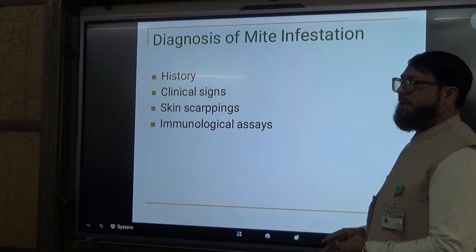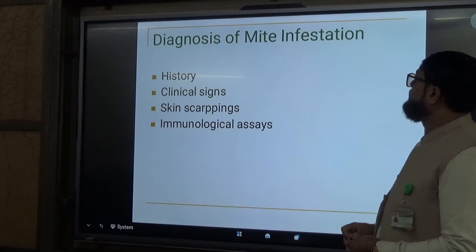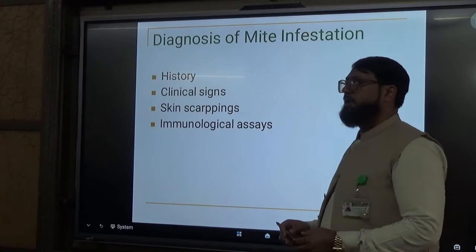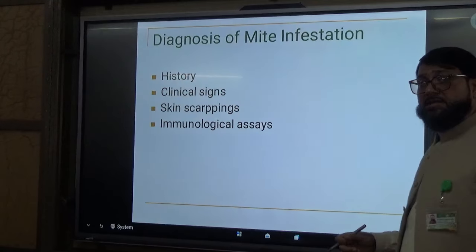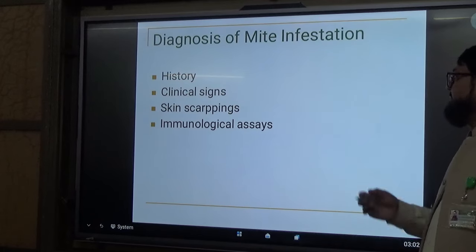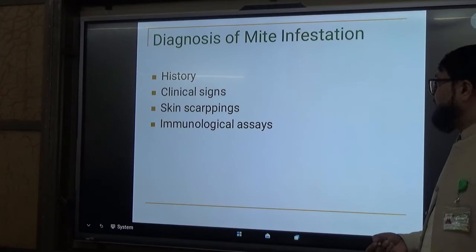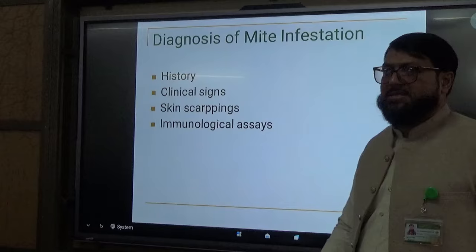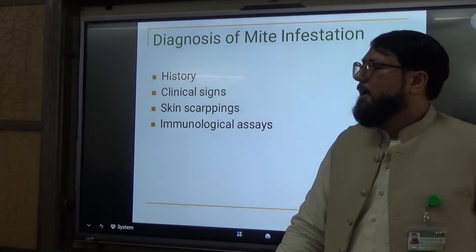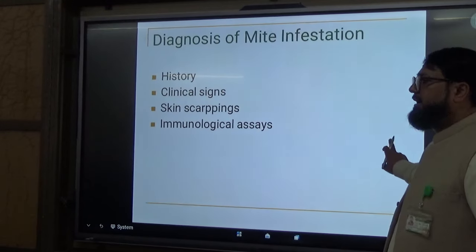History is always a good point to reach a diagnosis. Clinical signs are also helpful. Then finally the skin scrapings, and if you have a good budget, you can go for blood testing and immunological tests for identification of the Borrelia inside the bloodstream.